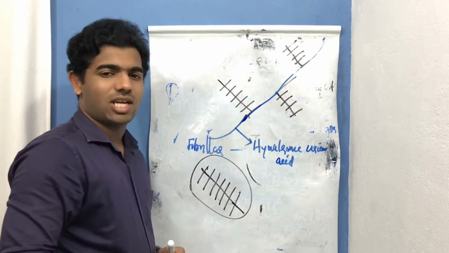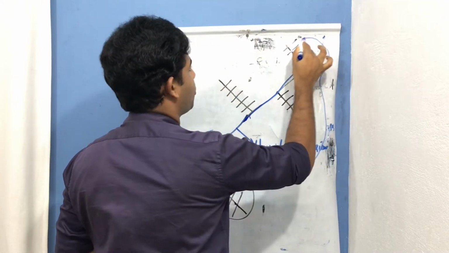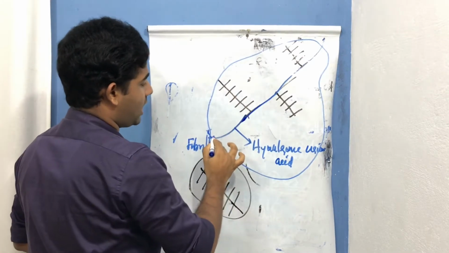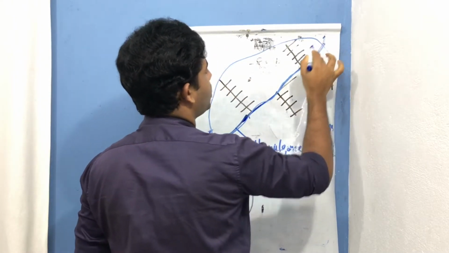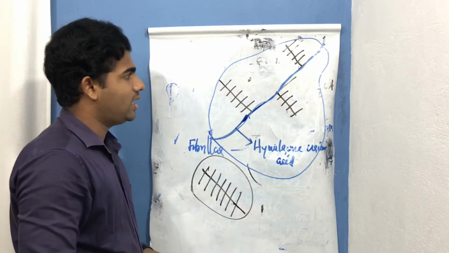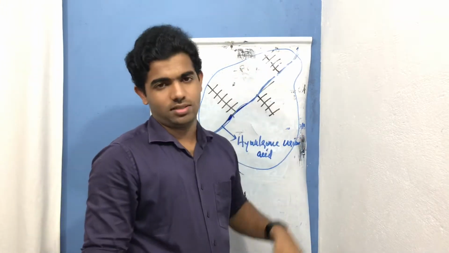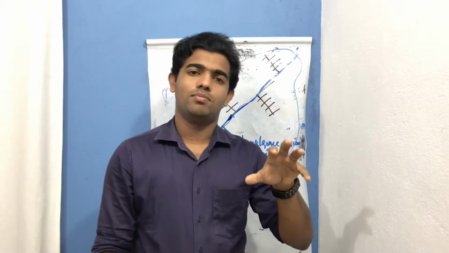So how is it attached? In human cartilage, we see that these proteoglycans are attached to a chain of a molecule known as hyaluronic acid, and this exists together in the human cartilage.